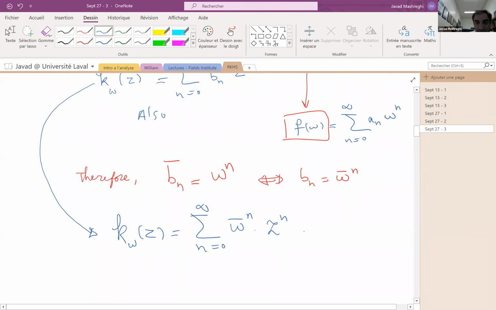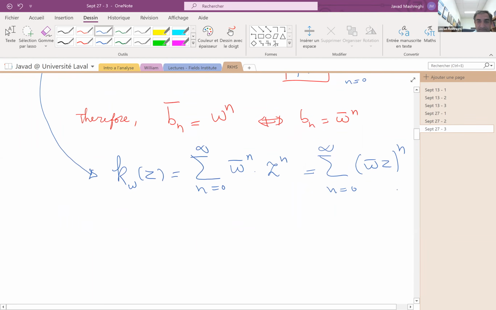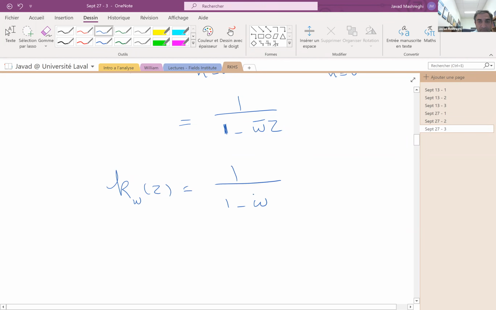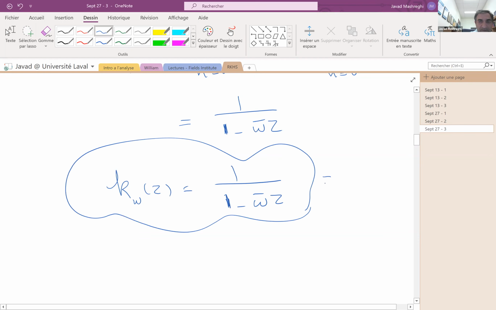If I put them together, it is the sum of (w bar z)^n, and it's 1 over 1 minus w bar z. It's a very celebrated kernel. Here z and w are in D.